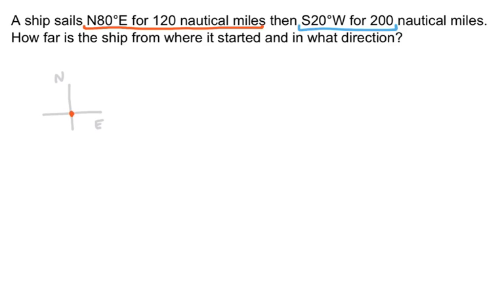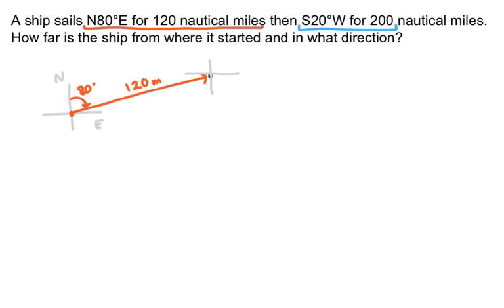So north 80 degrees east would look roughly like this. I'm going to draw this vector to be 120 miles. There's my 80 degrees to the east of north angle. So we went to this point. We stop here at this next point and we create another set of crosshairs.